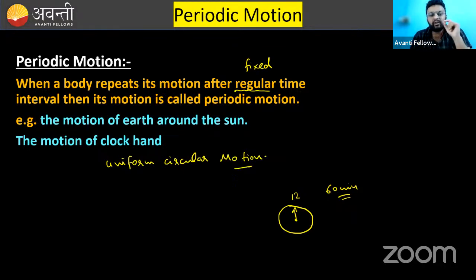So what is the highlight of periodic motion? First, the motion is repeated. Second, it is after a fixed time interval. Only then it is called periodic motion. It's not that the motion is repeated and you will call it periodic motion. No, it has to be repeated after a fixed time interval, then you will call it periodic motion. I think two main points are highlighted there.